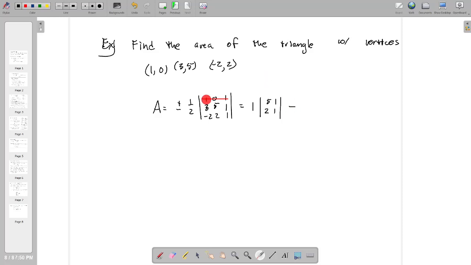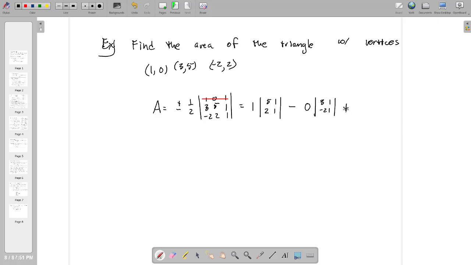So it's always the first one minus the second one plus the third one, if you're using the first row. Now we cross out the second column, and the remaining matrix is 3, 1, negative 2, 1, and the term that's crossed out twice is 0. So we'd end up with 0 times the determinant of 3, 1, negative 2, 1.